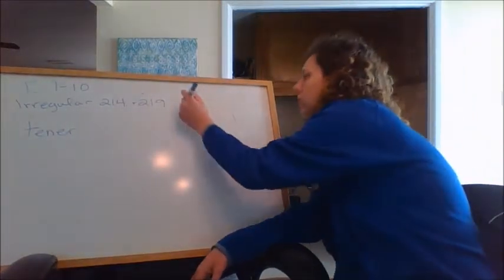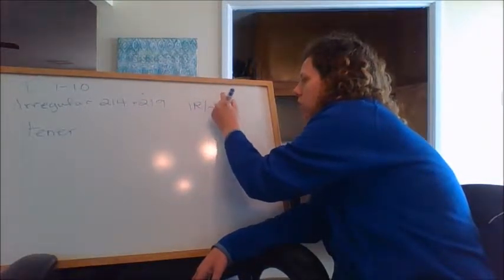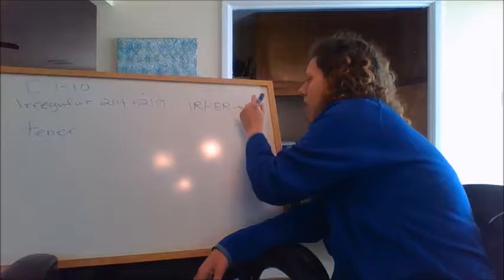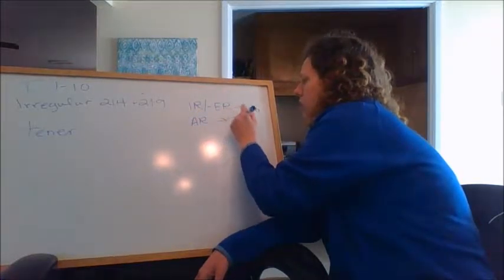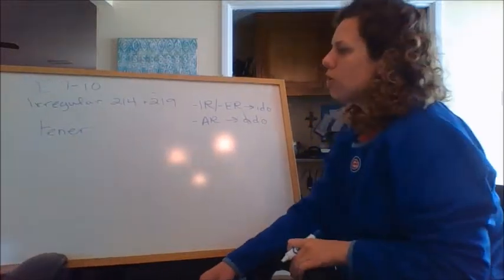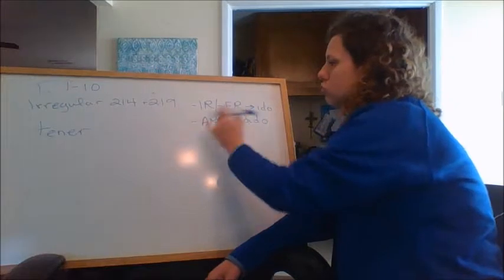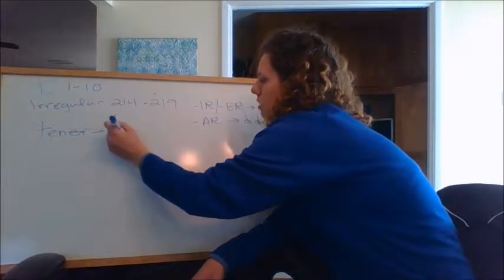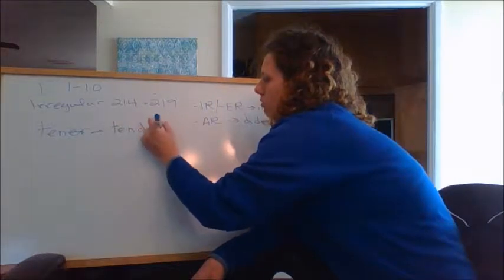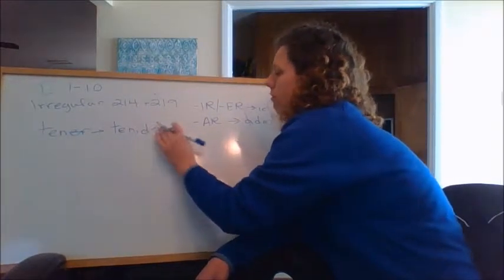So for regular, if your verb ends in IR or ER, then its new ending is IDO. If it ends in an AR, then your new ending is ADO. So this is not one of the irregulars, which means it's regular. It's an ER verb, which means we drop this ending and we add ido. So this becomes tenido.